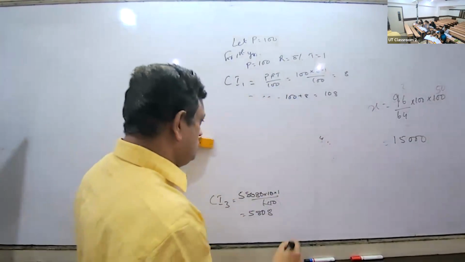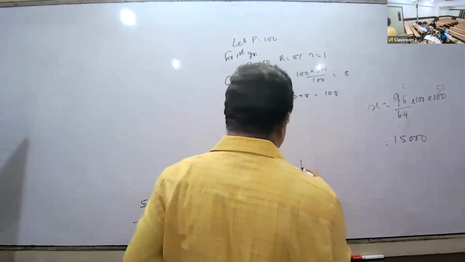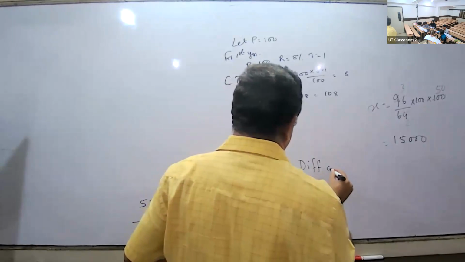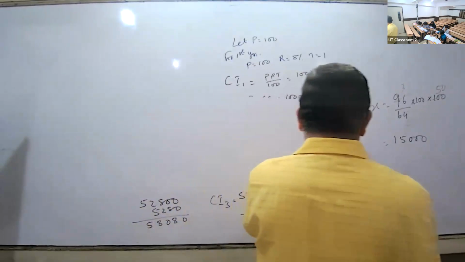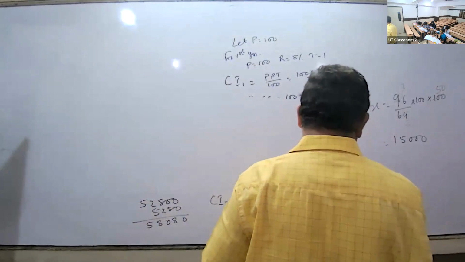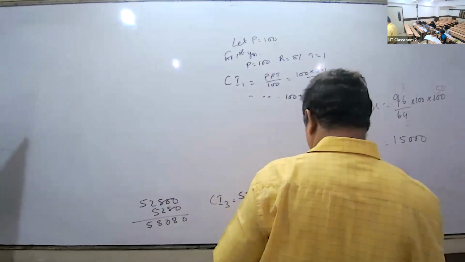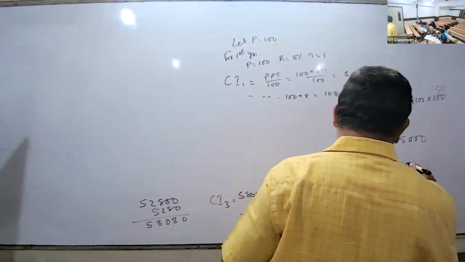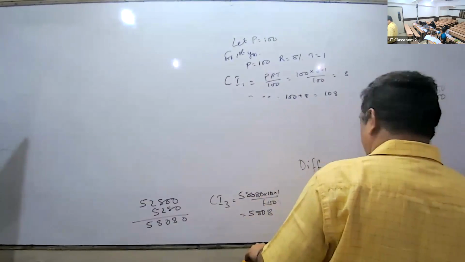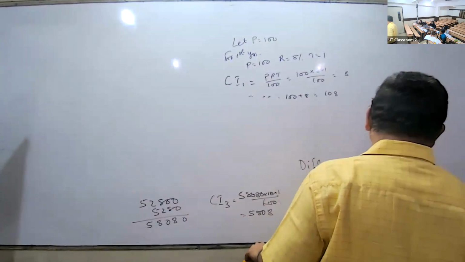Therefore, difference of CI3 and CI2 is equal to 5,808 minus 5,280.